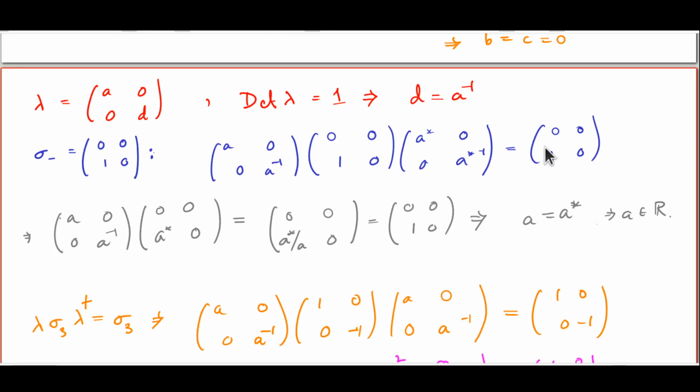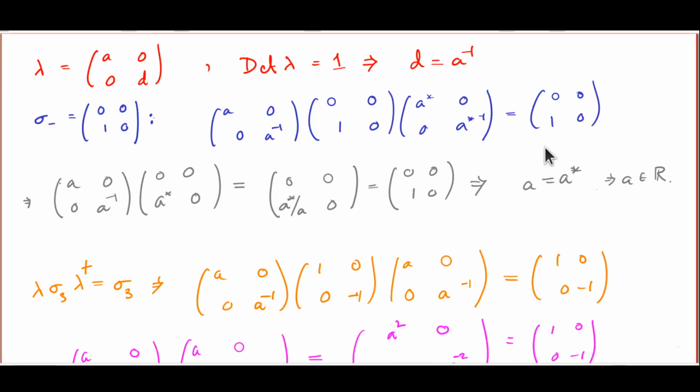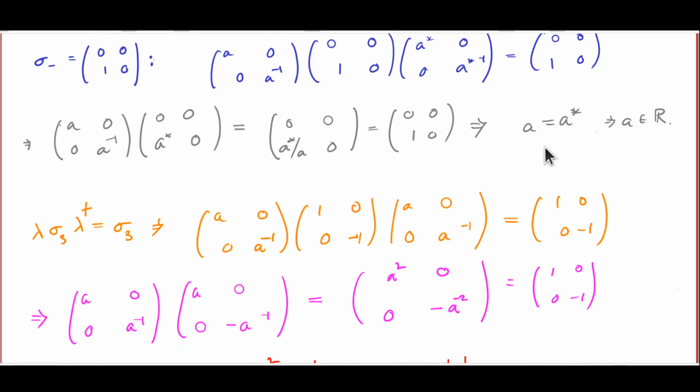Now using σ₃, we get λσ₃λ† equals σ₃. And this product, when you carry it out in full, gives you (A², 0, 0, −1/A²). And this simply tells you that A² has to be equal to 1. In other words, A has to be plus or minus 1.